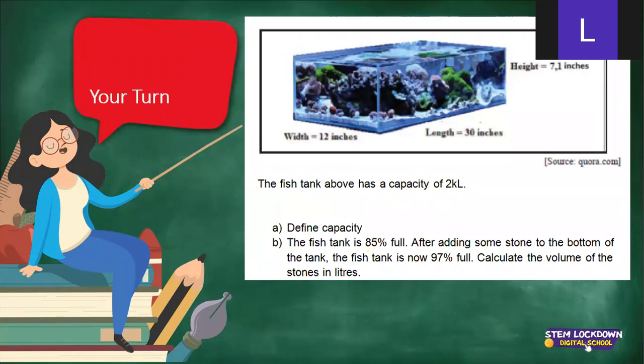After adding some stones, you can see stones at the bottom of the tank. The fish tank is now 97% full. So it went from 85% to 97%. Calculate the volume of the stones in liters.